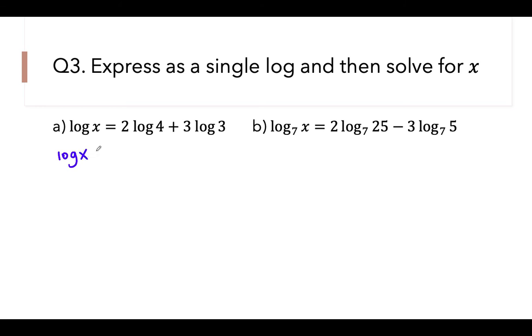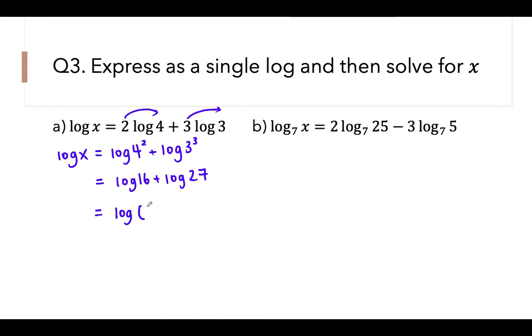So log x is equal to, first I'm going to move this to the exponent. So it's going to be log 4 squared plus log 3 cubed. So it's going to be log 16 plus log 27.